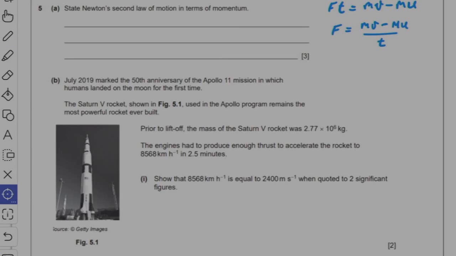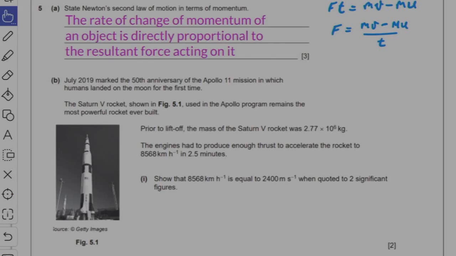So if you think in terms of what this is saying, this top line is the change of momentum, this bottom line is how long it took. So this whole expression here is the rate of change of momentum. So we can say that the resultant force is equal to the rate of change of momentum, or proportional to the rate of change of momentum of the object.